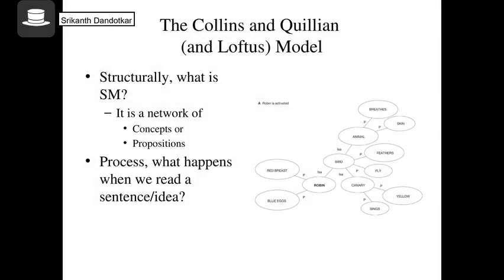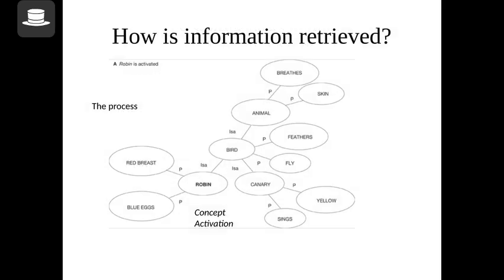Okay, so structurally we know what semantic memory is. Now processing wise, how do you process information? Or another way to look at it is what happens when you read an idea, a sentence, a simple idea. Well, to understand that, the first thing that happens, which you already know, is concept activation.